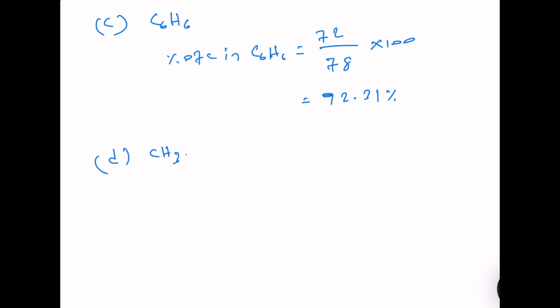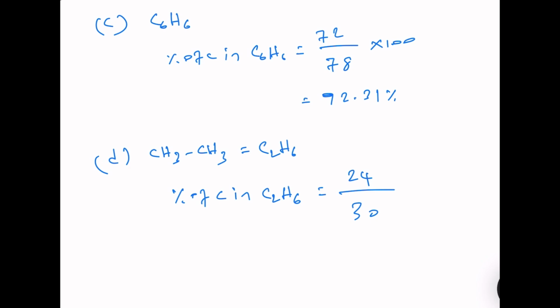And then in option D we have ethane. Ethane molecular formula is C2H6. So, the percentage of carbon in C2H6 will be equal to 24, 2 carbons are there, divided by, we have 6 hydrogen atoms. So, molar mass is 30, times 100.